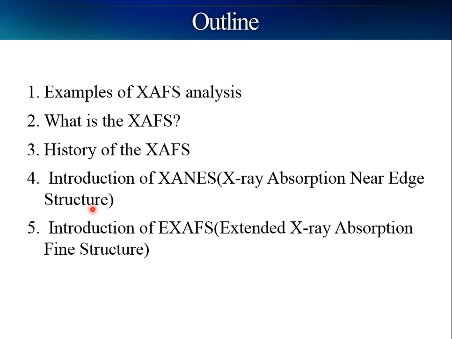Sometimes some people call XANES near edge XAFS. In this lecture, we use the term XANES. EXAFS refers to extended X-ray absorption fine structure, which is the oscillation part of XAFS. So XANES and EXAFS will be introduced respectively.